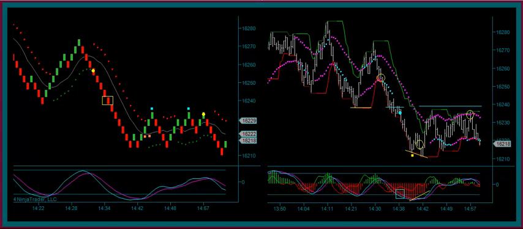Now, the exit. Where are you going to exit your trade? Where do you normally exit your trade? I'm guessing that most people simply are holding until a Renko reverse. That would be like this yellow circle. I would not exit the trade in this case.